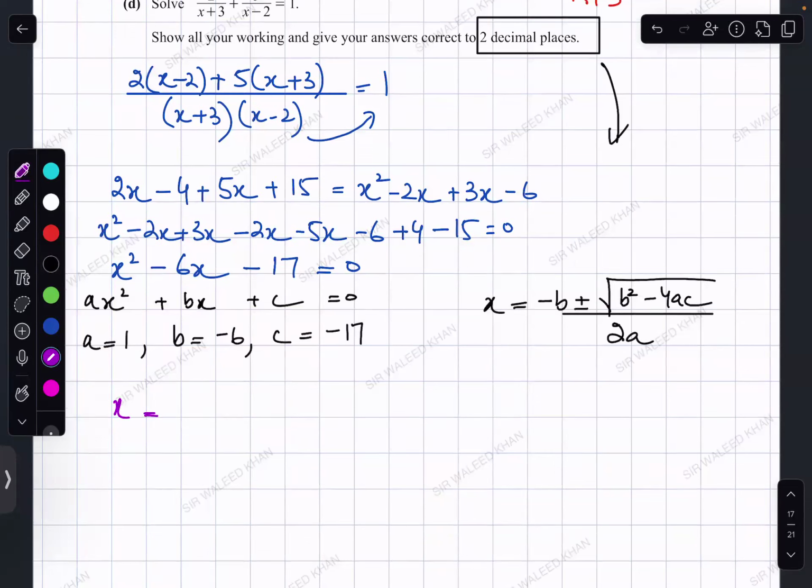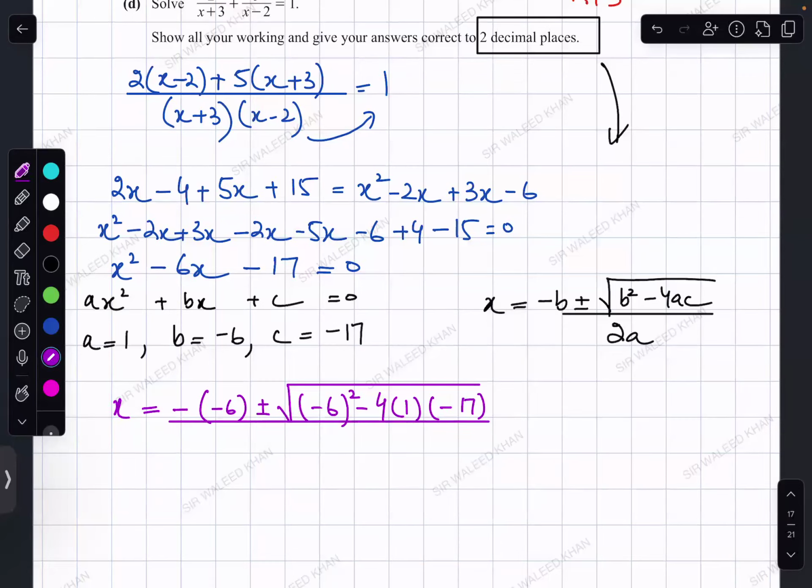x is equal to minus 6. Use brackets so you don't get confused yourself. Plus minus under root, minus 6 whole squared minus 4 times 1 times C. So the negative and negative will become positive.